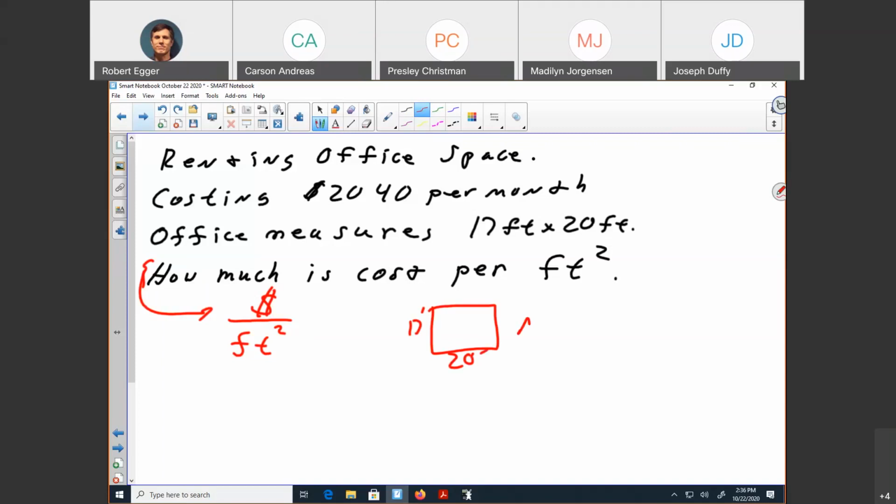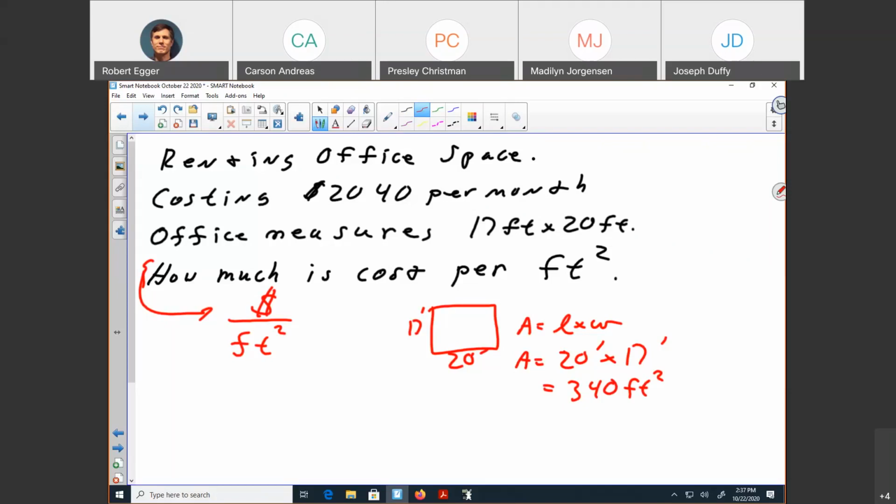Of course, the area is length times width. The length is 20, the width is 17, or 340 feet squared.